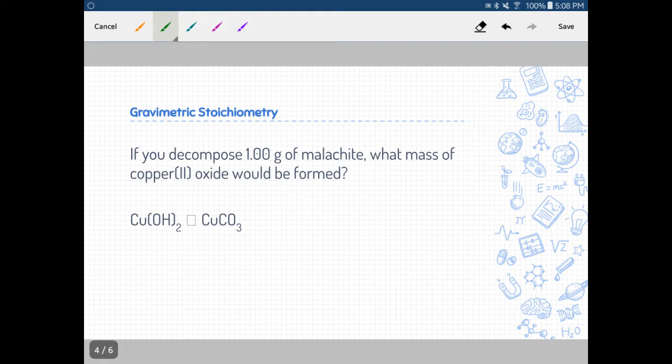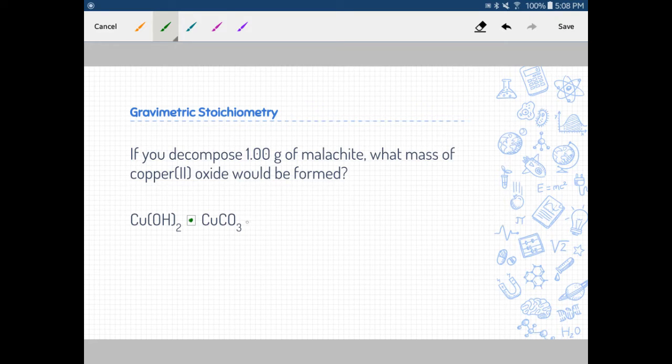This says, if you decompose malachite, what mass of copper oxide would be formed? Something just happened here with my notation of my copper oxide, so I'm going to adjust this first. Okay, so this is copper, and this is just a multiplication sign.